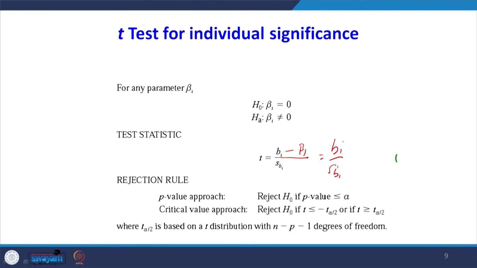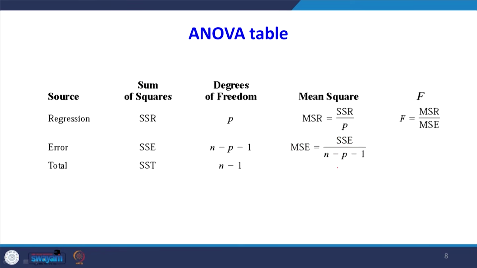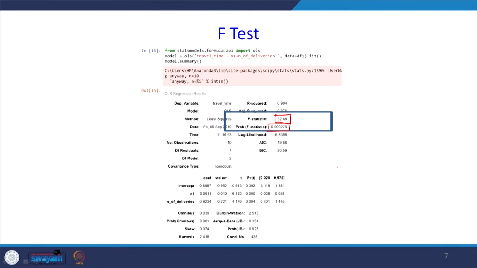This Sbi for the ith independent variable is the standard error. When I go back, you see this. The standard error for x1 is 0.010. The standard error for the second independent variable is 0.0221.